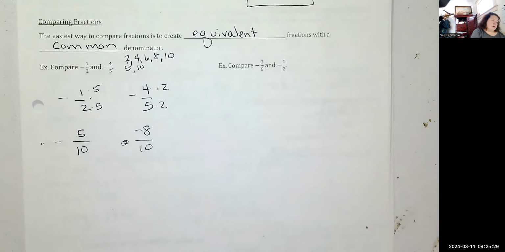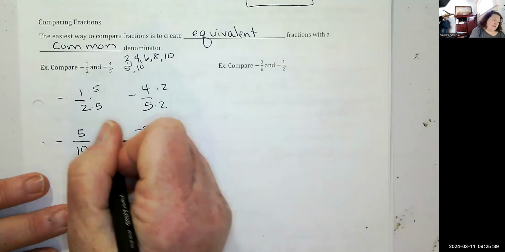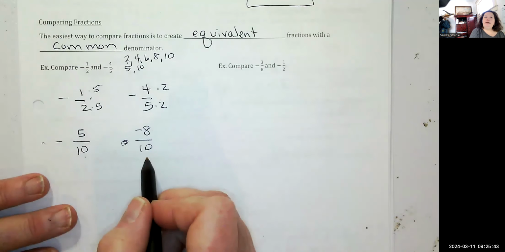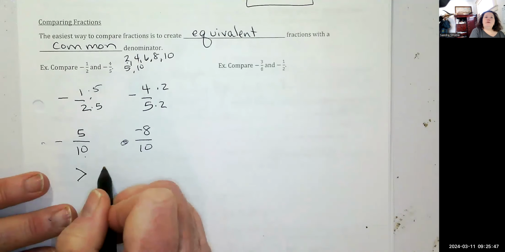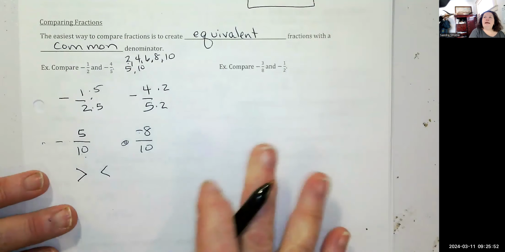When you're comparing them, we want to know if it's going to be the greater than symbol or the less than symbol. If I wrote it this way, that would say that -5/10 is greater than -8/10. If we wrote it the other way, that would say that -5/10 is less than -8/10.